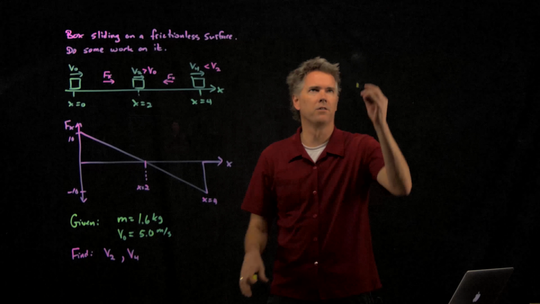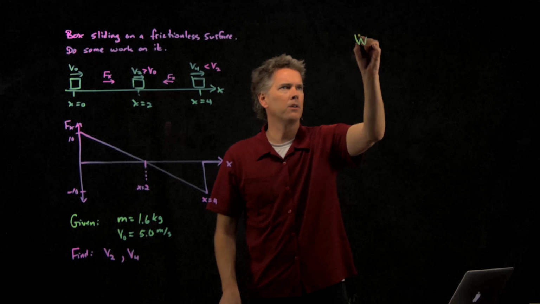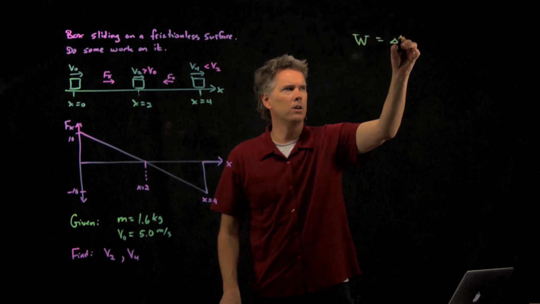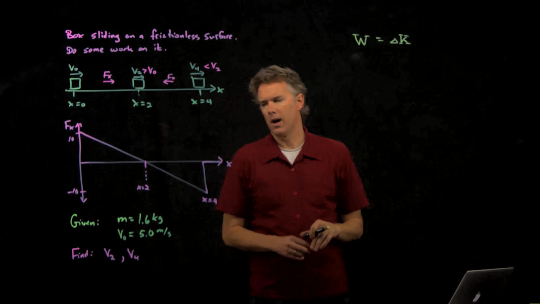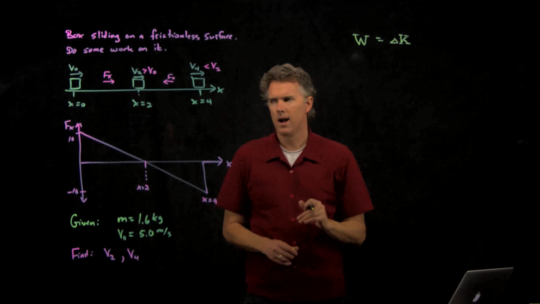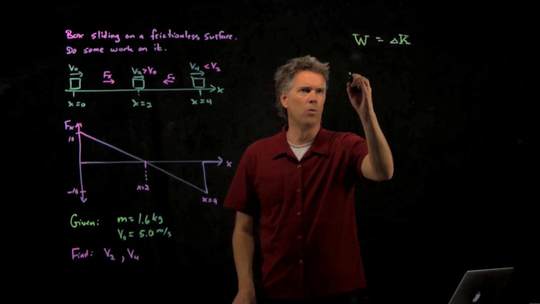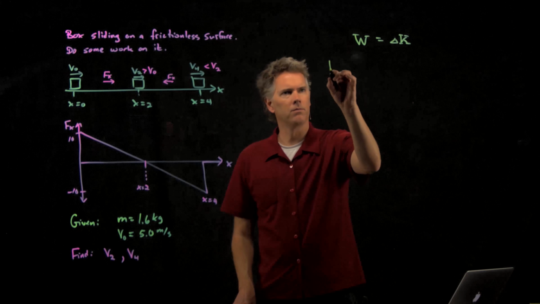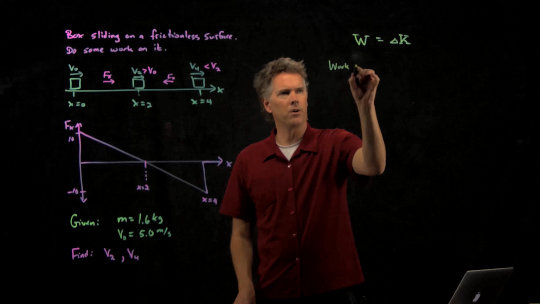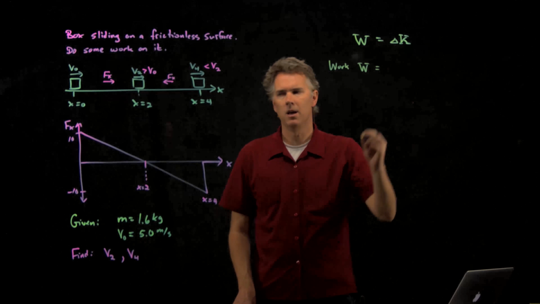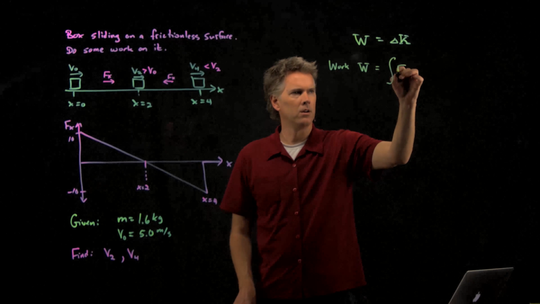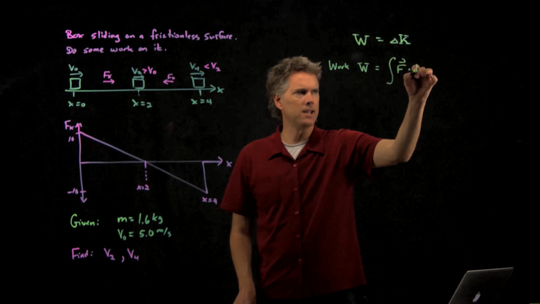One thing we know that we just talked about is that work goes into a change in kinetic energy. How do we calculate work in this case? Work, W, is going to be the integral of F dot dx.